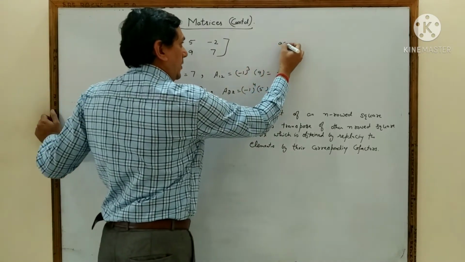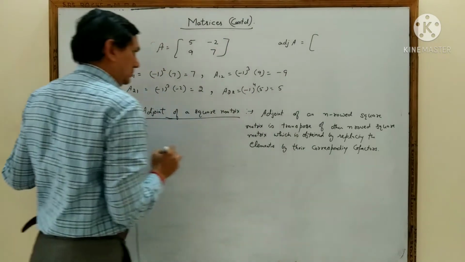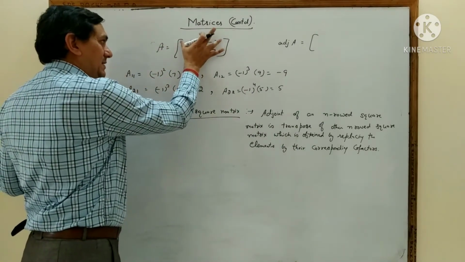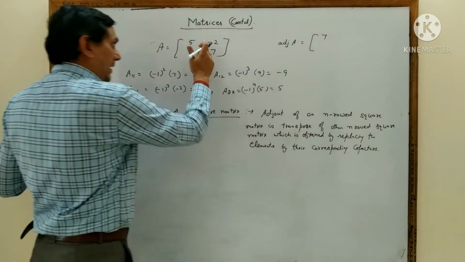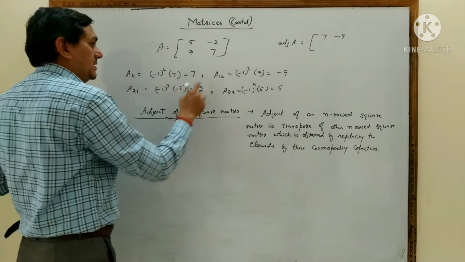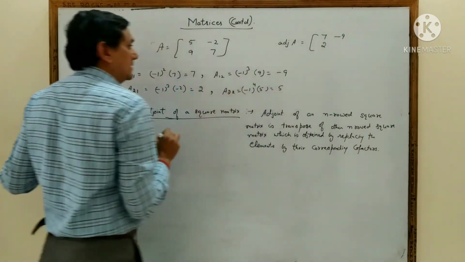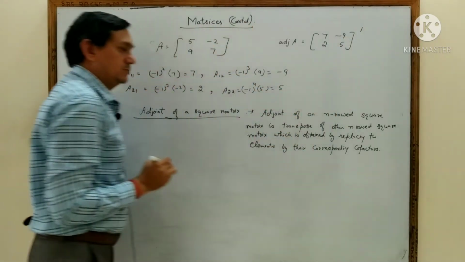Now the adjoint of A: we replace these elements by their corresponding cofactors. 5 is replaced by 7, minus 2 is replaced by minus 9, 9 is replaced by 2, and 7 is replaced by 5, and then its transpose.